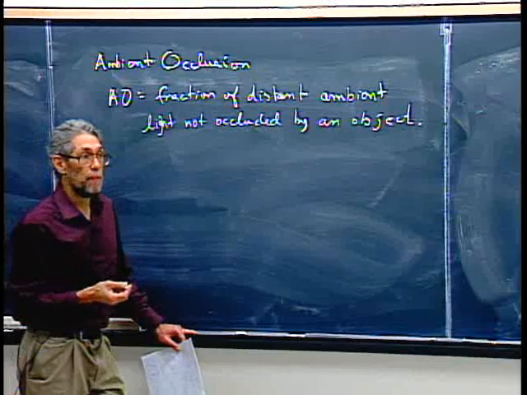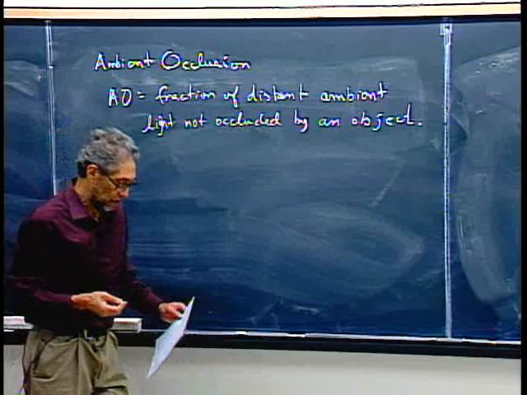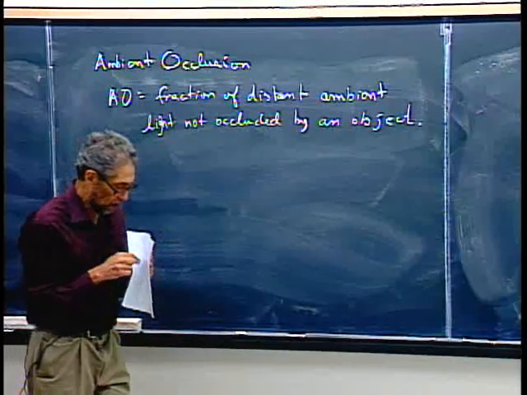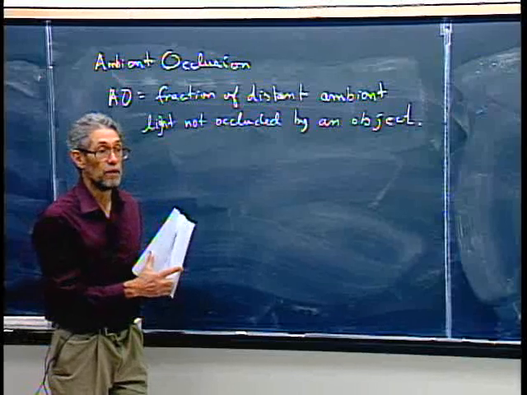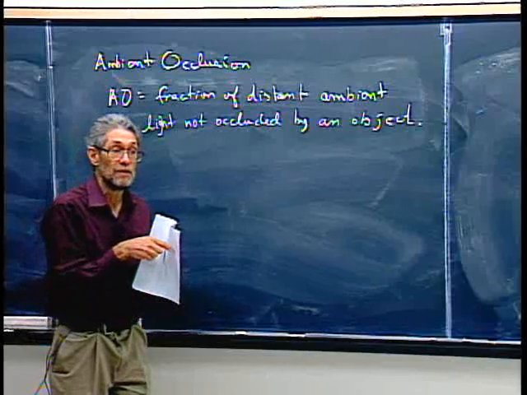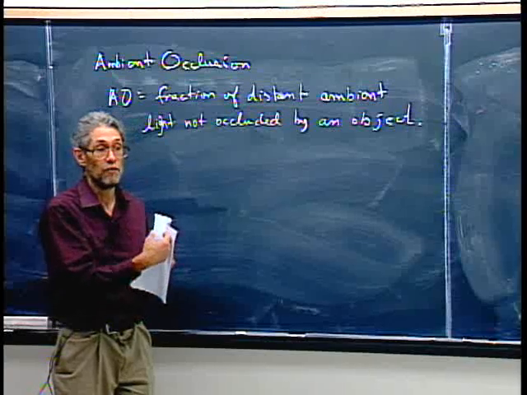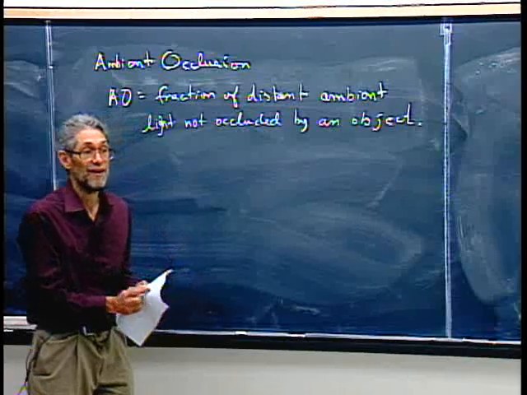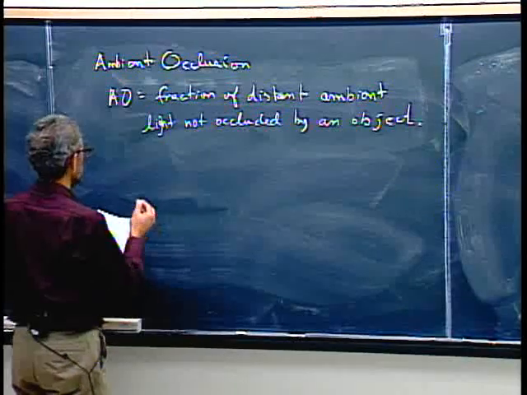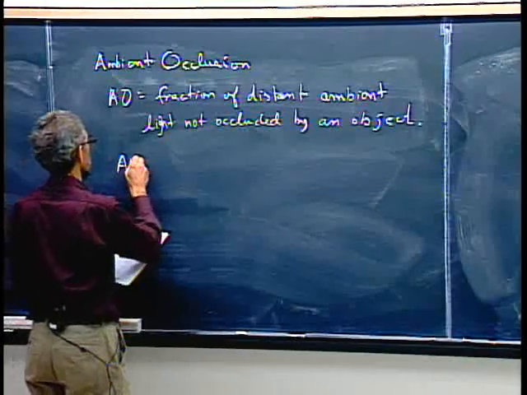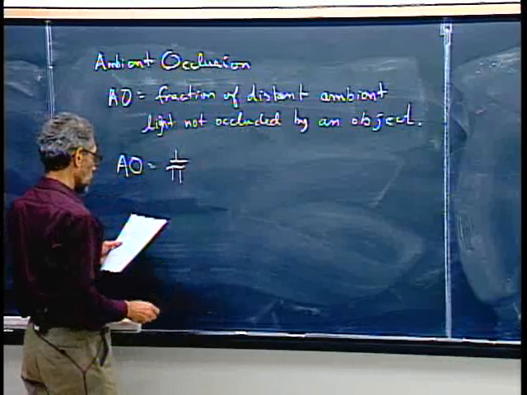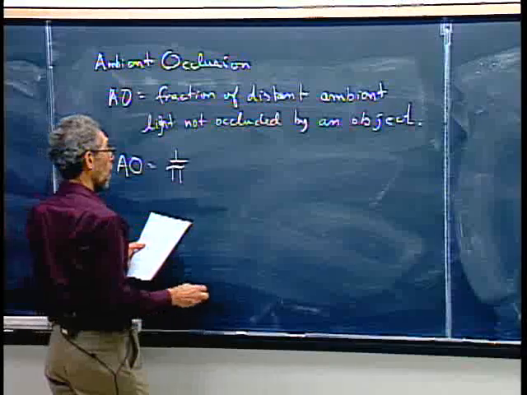So, for example, if you have a fold like this in a piece of paper, it's going to be darker inside the fold because less of the ambient light from all over the room gets in the fold, especially if the paper wasn't reflecting so much light because it's white. Basically, if you integrate the cosine over the whole hemisphere, you're going to get pi.